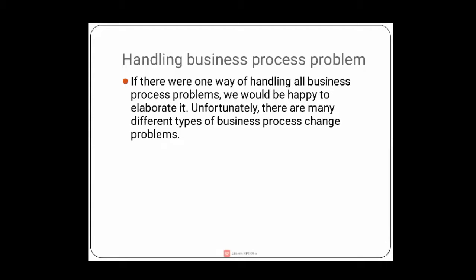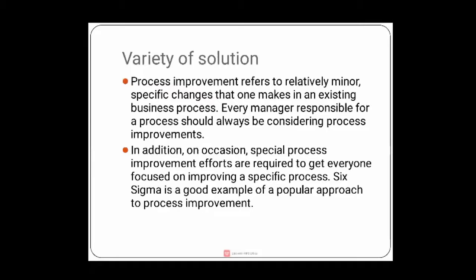Various organizations have various problems. There is no single issue for the organization. Different organizations have different issues, so we have to come up with different solutions for these different problems, a variety of solutions, right?